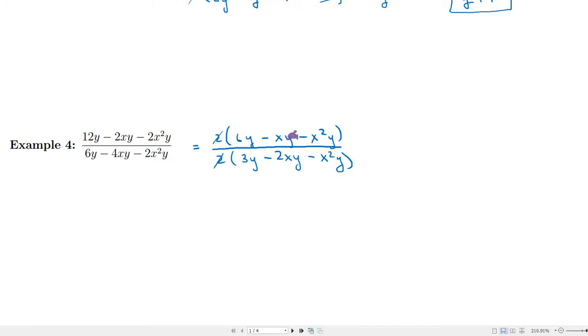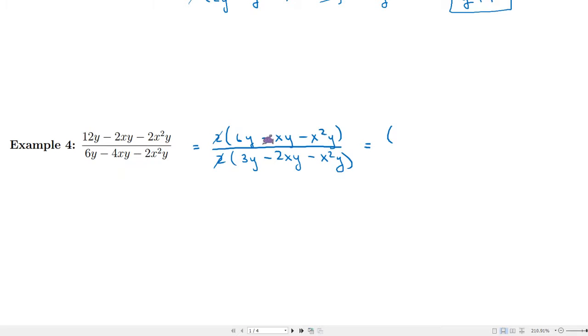So the 6y minus xy minus x squared y, we can proceed to factor what we have here. So what's the strategy that we can use? Well, first, do you notice, do we have any other common factors here?